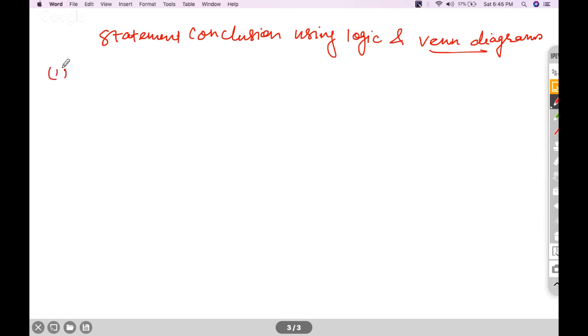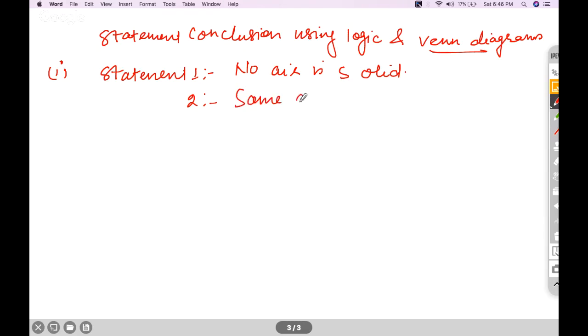Let me take one example. So my first statement is no air is solid, and statement 2 is some solids are liquids. So I have answer statements, and I have to find which statement is correct.